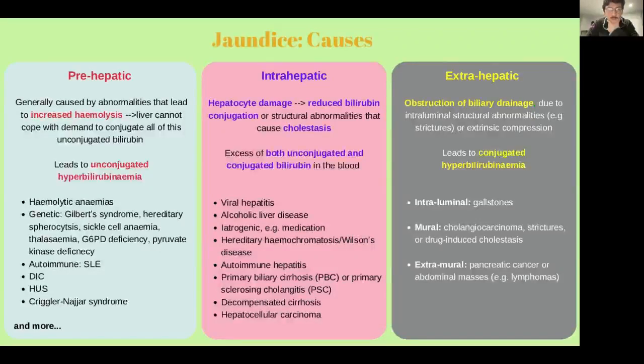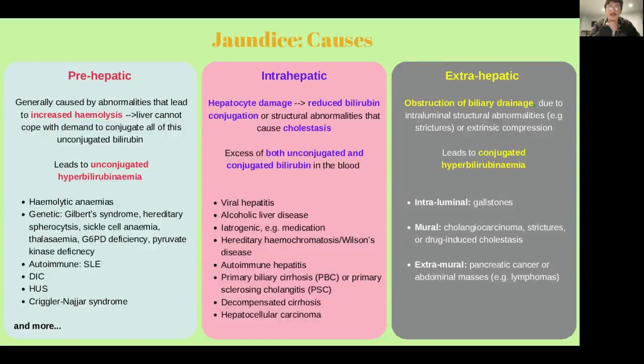So again, things like Gilbert's, spherocytosis, sickle cell, G6PD, those are some of the PEDS ones, aren't they? So anything to do with hemolysis, Crigler-Najjar syndrome as well. That's a disease where you can't conjugate bilirubin properly in the liver due to an enzyme deficiency.